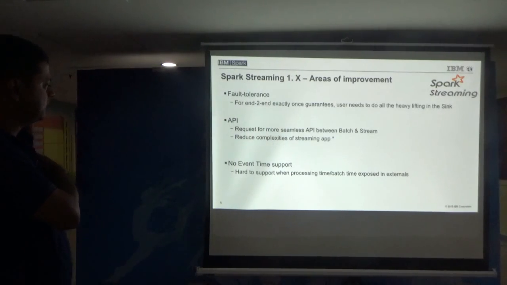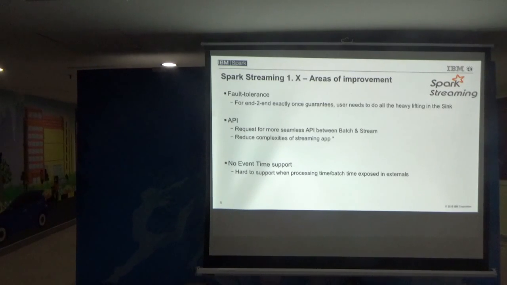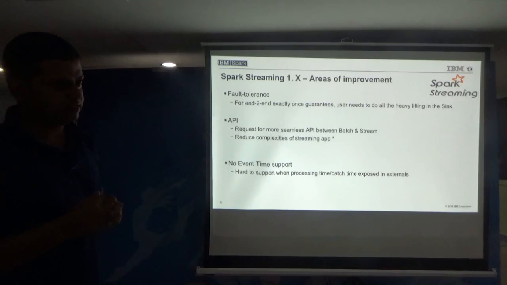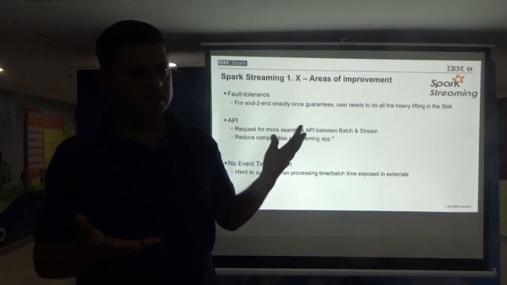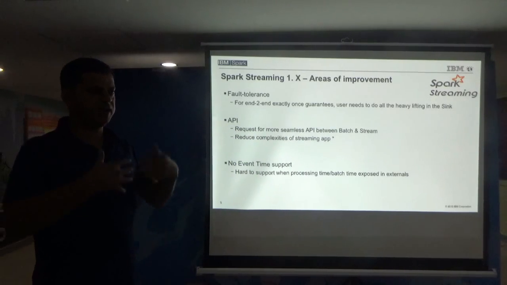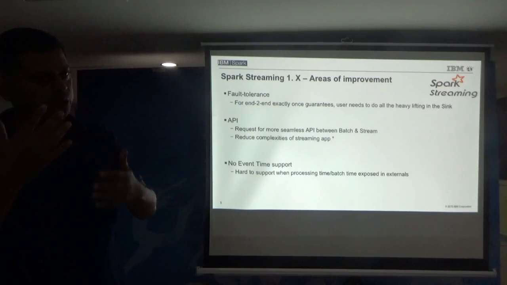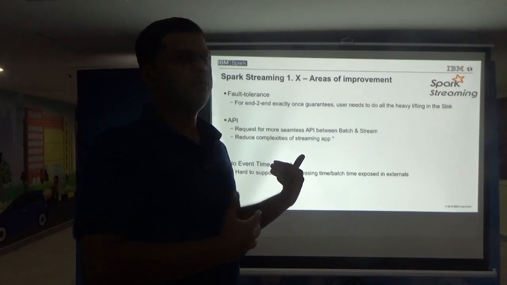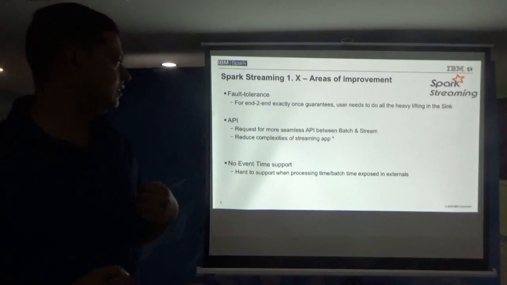So Spark streaming didn't have support for that. And I think many people have discussed the way the APIs were, you had a batch interval in the API and stuff like that, and how you did your windows in 1.x Spark streaming.